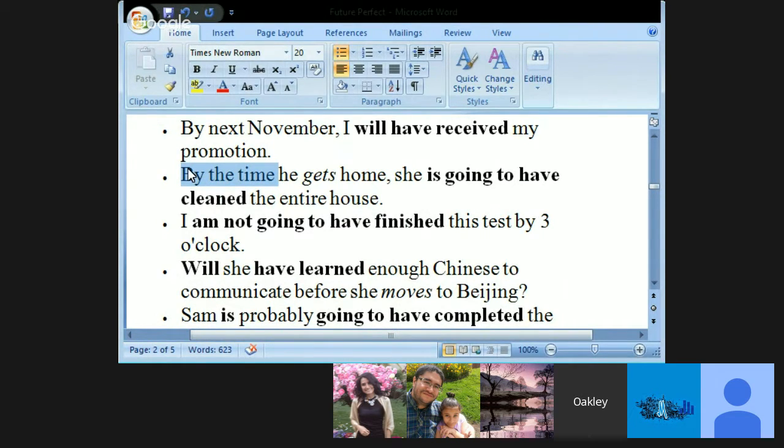Clauses are basically incomplete sentences. They have a subject and a verb, when we introduce one with a subordinator, like when or while or by the time or before or after. If and unless are also, keep this in mind, time subordinators.